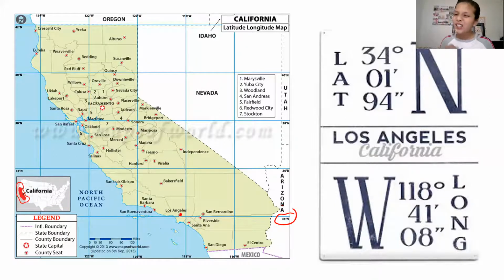It's actually a little bit above the 34 degrees north latitude line. Since it's a little bit above, but definitely less than 36 degrees north, and since it's past 34 degrees north, we're going to write 34 degrees.